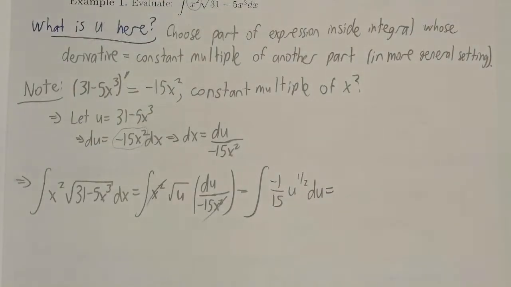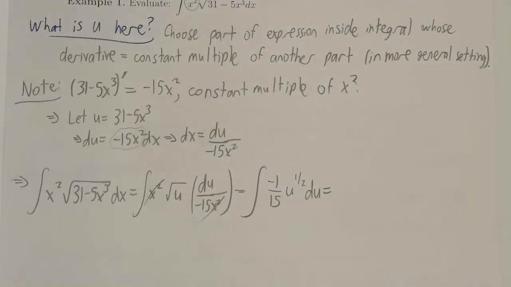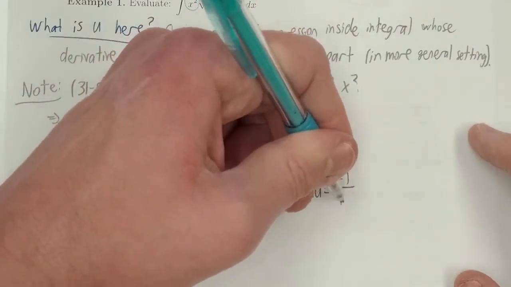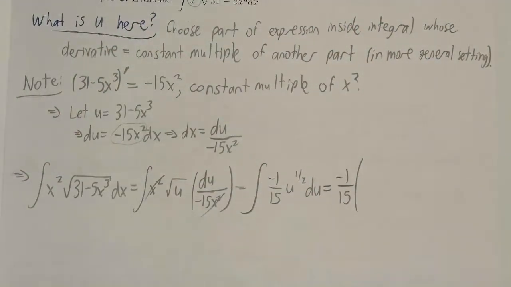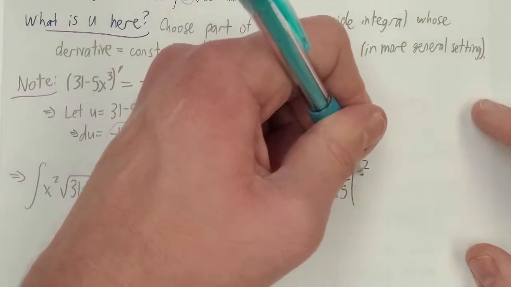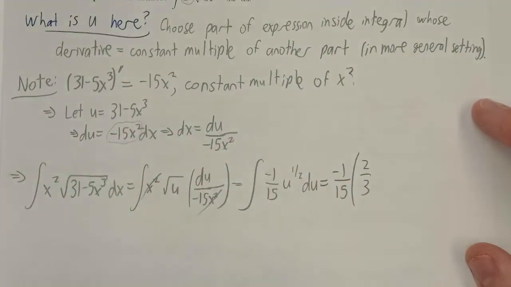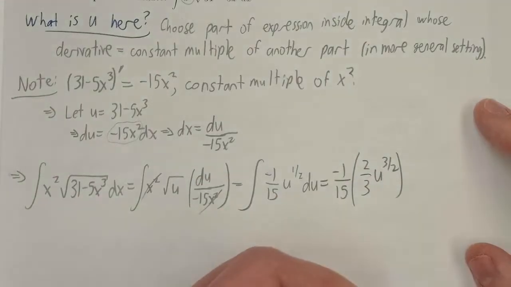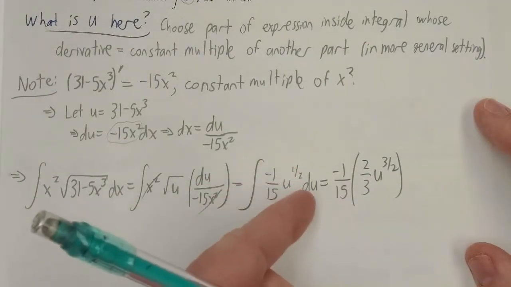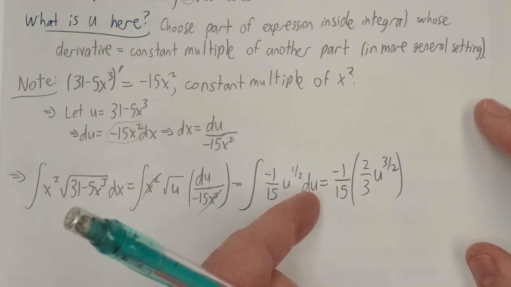Now that we have this integral in terms of both u and du, let's apply the antiderivative power rule again. We end up with negative 1 over 15 times what? 2/3. Yes, 2/3 u to the 3/2 power. We already did the antiderivative, so we don't need du, but we need plus c.